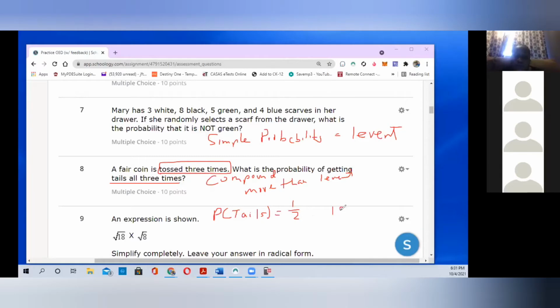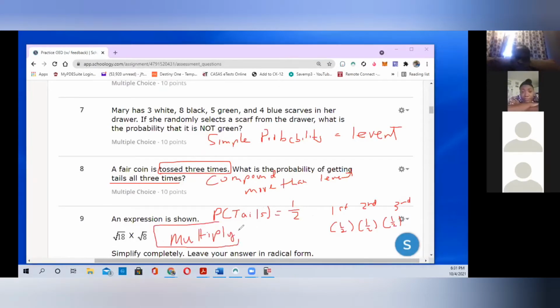So the first flip, the second flip, the third flip: 1/2, 1/2, 1/2. 3 different times we flip that coin. With compound probability, you're going to multiply the simple probabilities together.